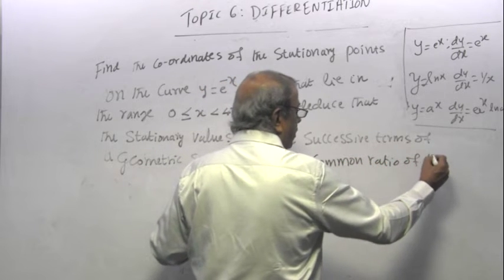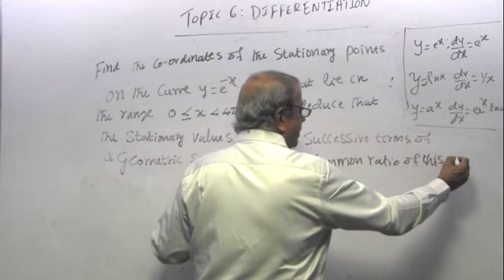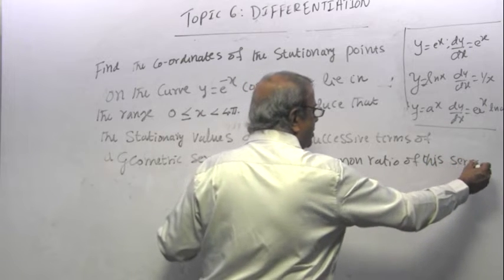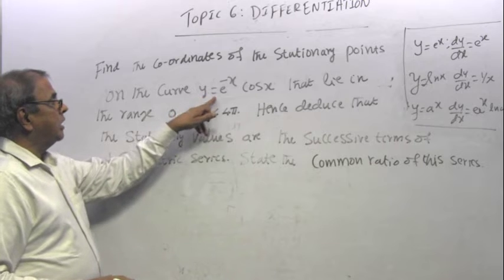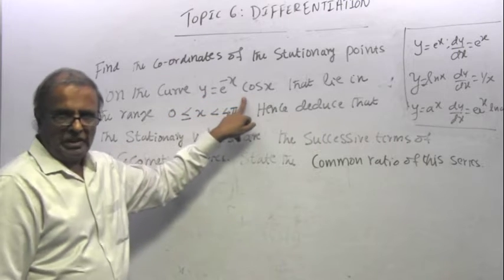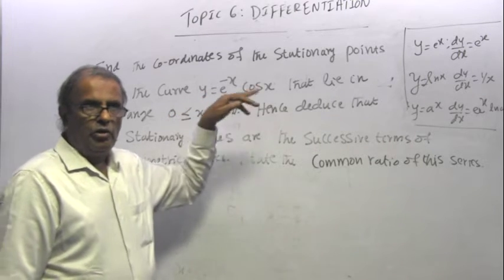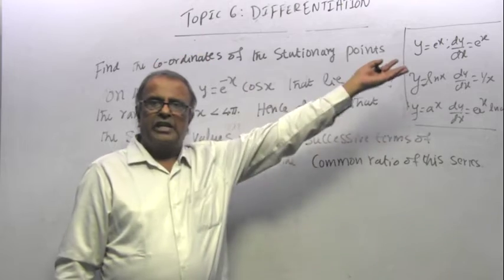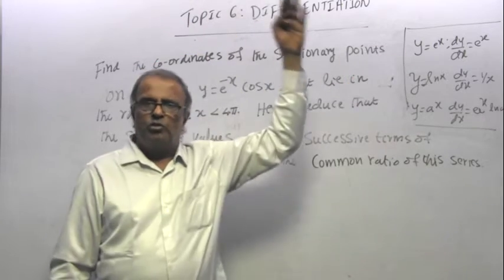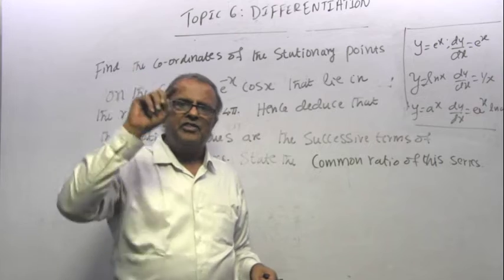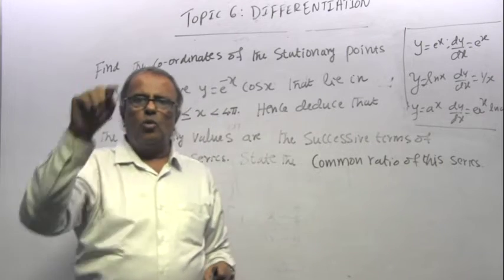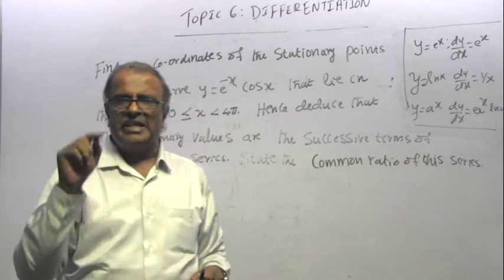Now I'm going to rub this off because I need the whole board. So in other words, you are given the curve y equals e power minus x cos x. You have to find the coordinates of stationary points in the range 0 to 4 pi. Remember, x gives the stationary point, y is the stationary value.